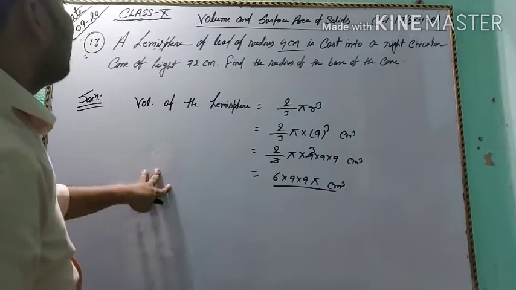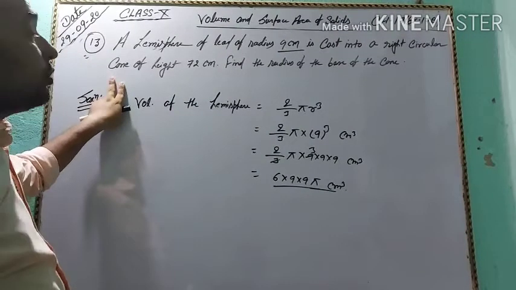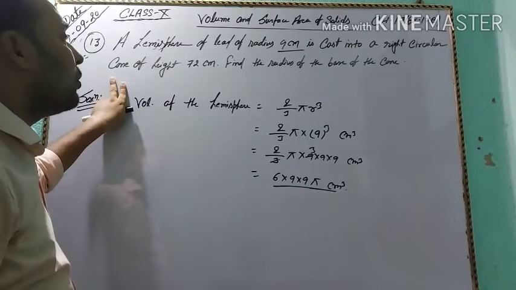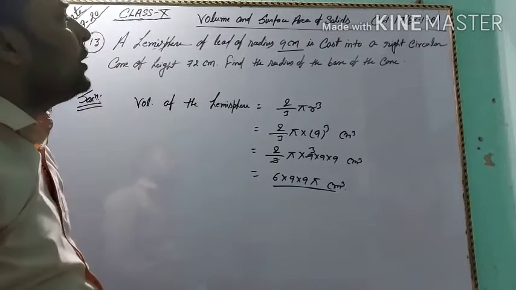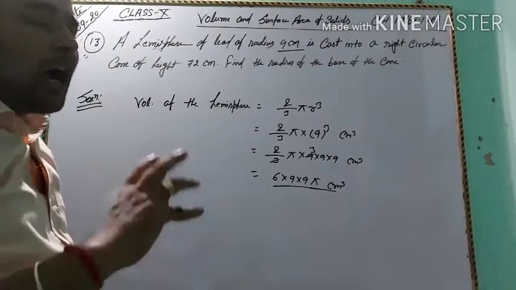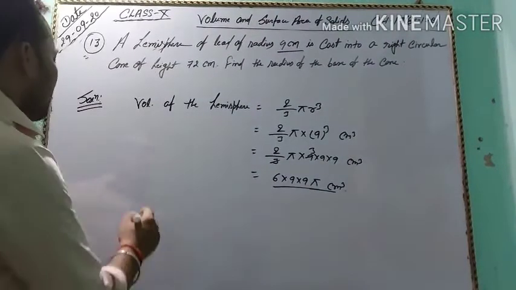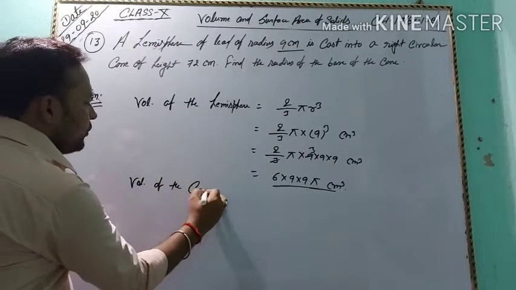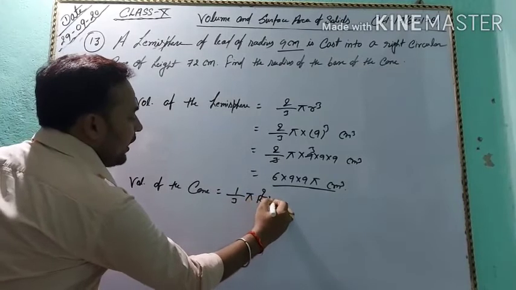Next, the volume of the right circular cone. According to the question, the volume of the hemisphere is equal to the volume of the right circular cone, because a hemisphere of lead of radius 9 centimeter is cast into a right circular cone. So the volume of the cone is equal to 1/3 pi r square h.